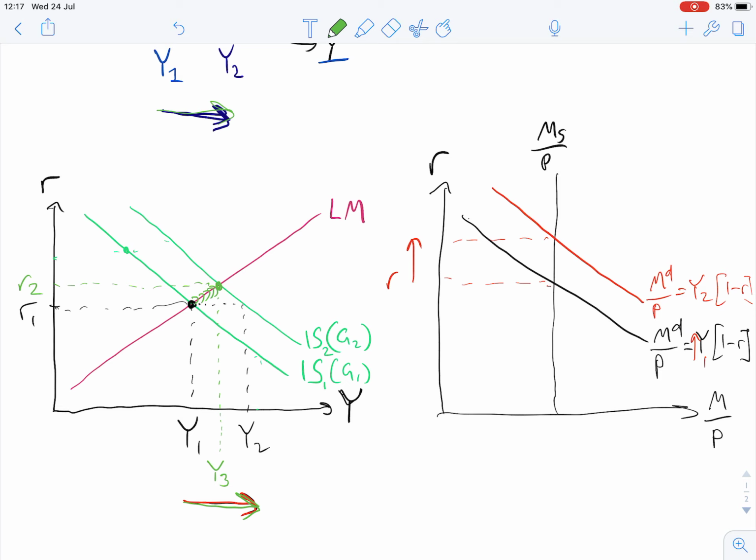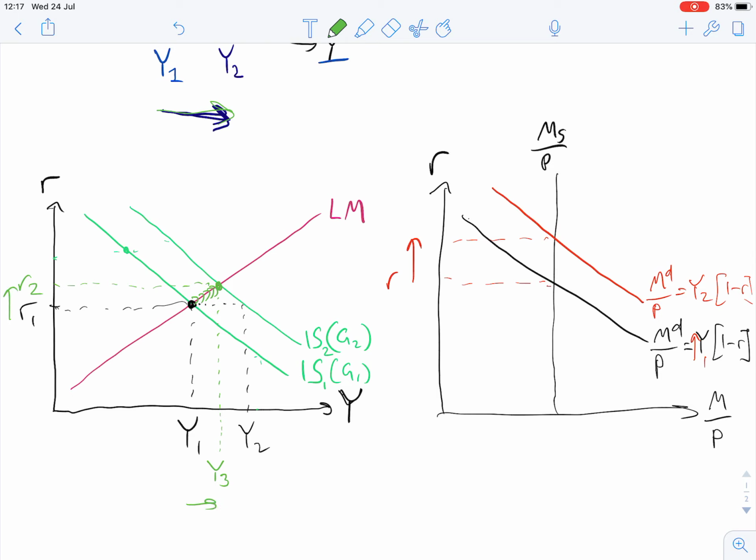We didn't have y2 as our center of gravity in the model. We were only ever going to make it to y3. So now, from the ISLM model, our argument is that we have pressure in the economy that pushes from y1 towards y3 and from r1 towards r2.